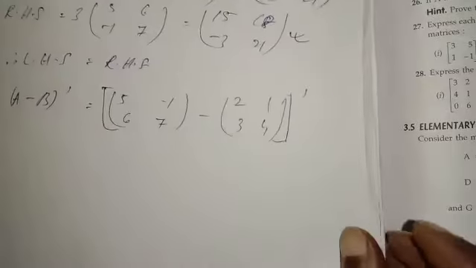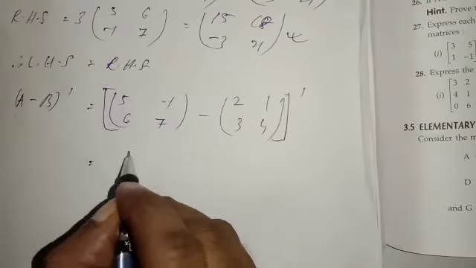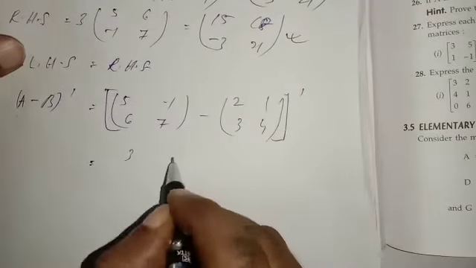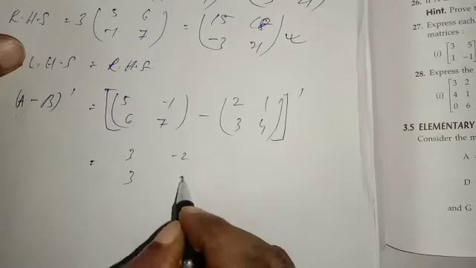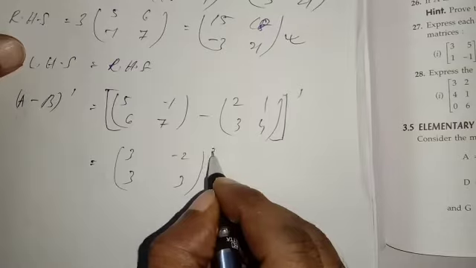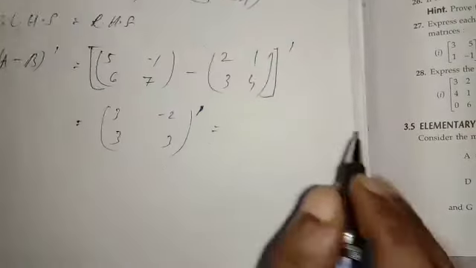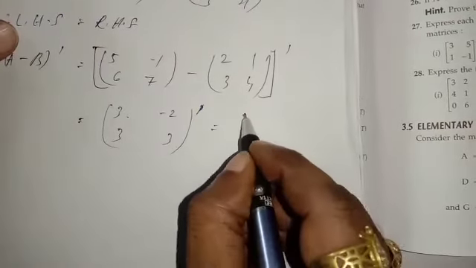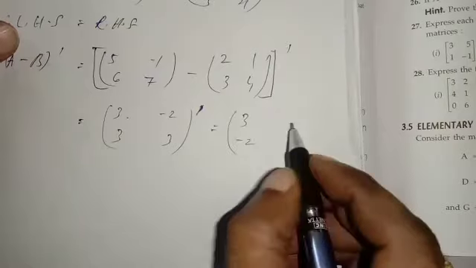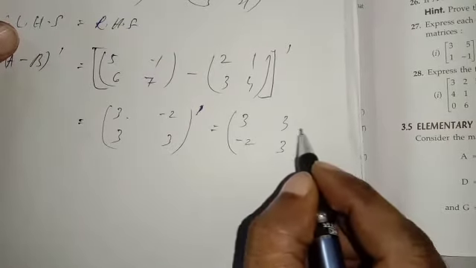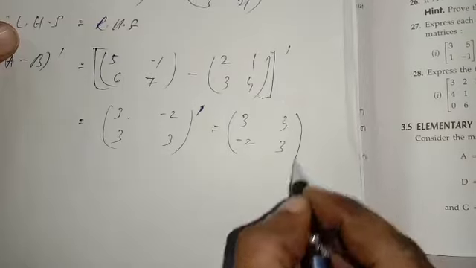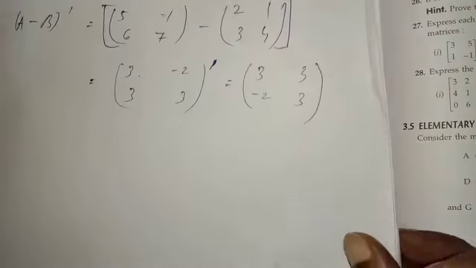So first of all, you subtract. 5 minus 2 is 3, minus 1 minus 1 is minus 2, 6 minus 3 is 3, 7 minus 4 is 3, whole transpose. So this will be how much? First row will be converted to first column, 3, minus 2. Then second row, 3, 3, is converted to second column. This is the A minus B whole transpose.